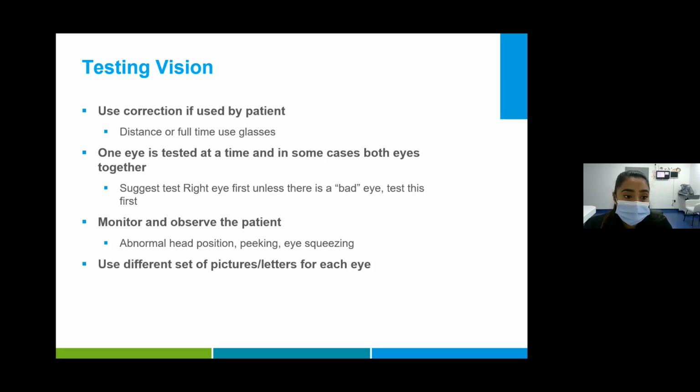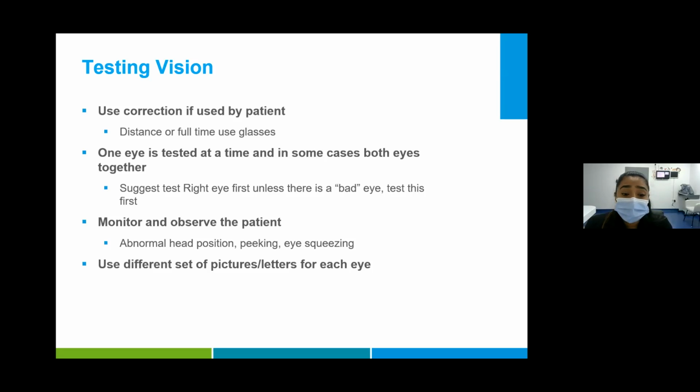One eye should always be tested at a time, so cover one up and repeat the vision with each eye, but in some cases you might be required to do it with two eyes together. For example, if a patient has nystagmus, you would do the vision with two eyes together. The general rule is doing the right eye first, but if there is a bad eye or an eye of concern, generally you would do that one first, followed by the other eye.